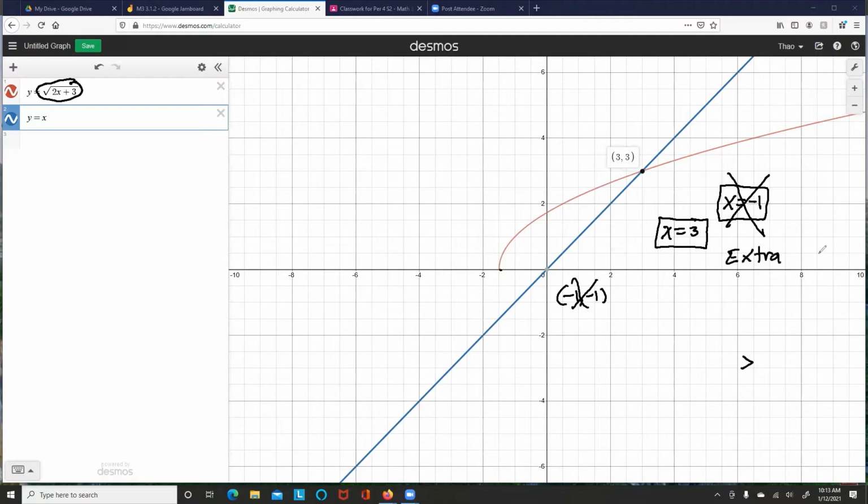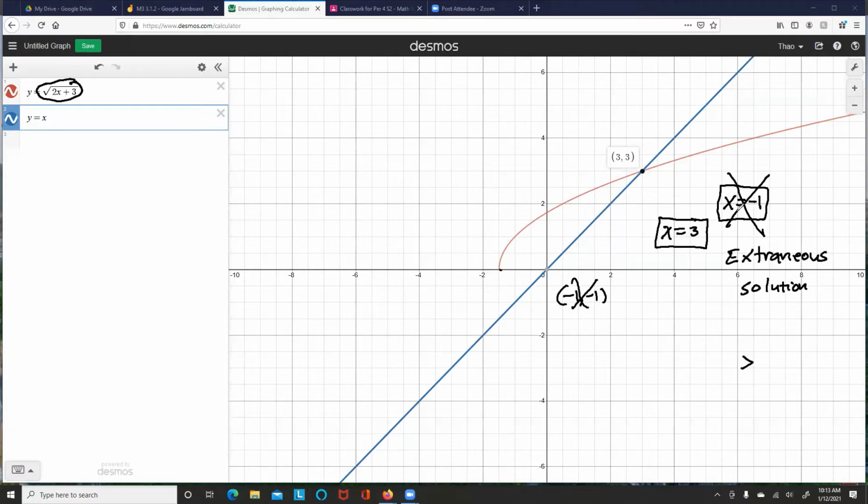Extraneous is a long word for extra. It's an extra solution, so let's write this word down: extraneous solution. It's an extra solution that actually doesn't work. This is why it's important to check your work. We checked by graphing the 2 equations and seeing where they intersect, and they only intersect once, not twice.